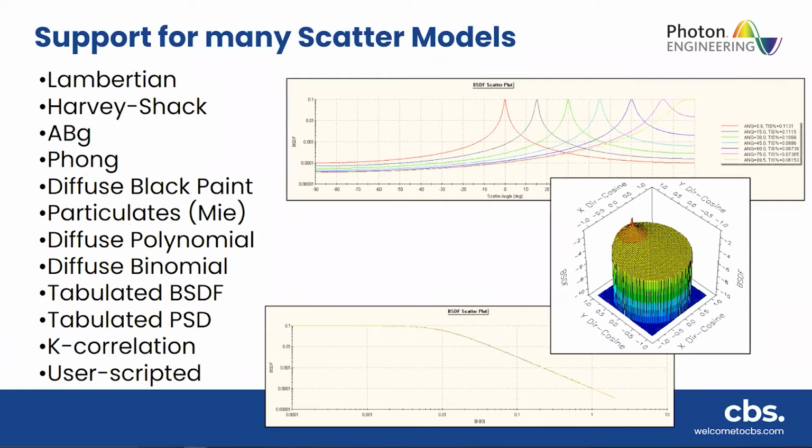So we can model scattering from essentially particulates. We also have some polynomial scatter models, which are very useful for fitting measured data too. And if push comes to shove and none of the other 12 models work for us, we always have the option of a user scripted scattering, where we can essentially write any mathematical function that we choose to model our scatter.